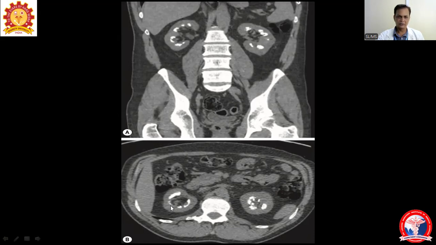And when we see on CT scan or X-rays, we get to see the dense area involving the medullary region of the kidney. This is by and large bilateral, more uniform. And I'm concluding by saying that this is medullary nephrocalcinosis.